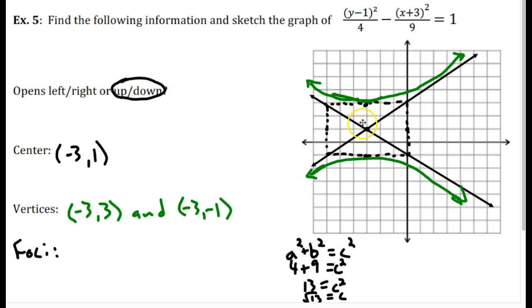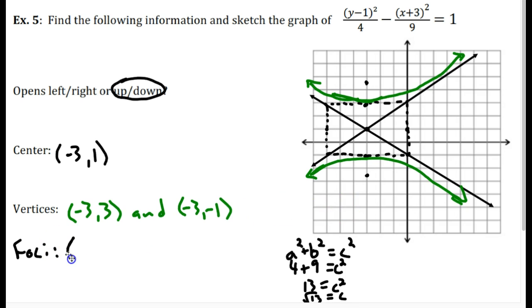So the square root of 13 is like 3.5-ish, 3.6, something like that. So I would go up about to there and then down 1, 2, 3, about to there. So there's where my two foci are.